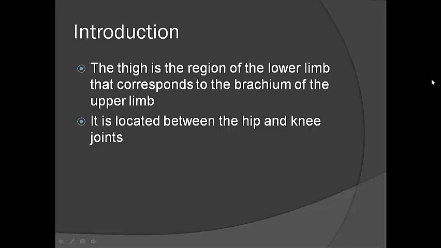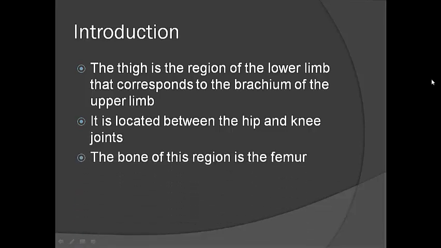The hip being the joint that connects the lower limb to the axial skeleton, and the knee being the midpoint joint of the lower limb. The bone that is found in the region of the thigh is called the femur. Okay, so similarly, we have one bone in this region, just like we have the humerus in the upper limb, but here we're going to call it the femur.